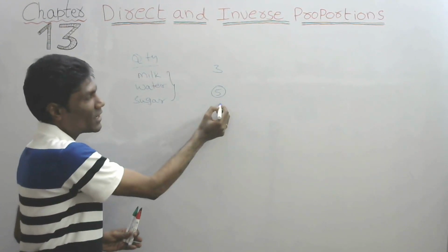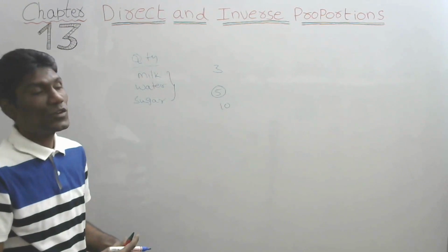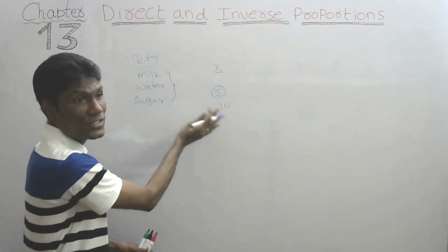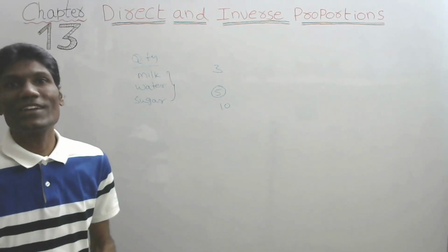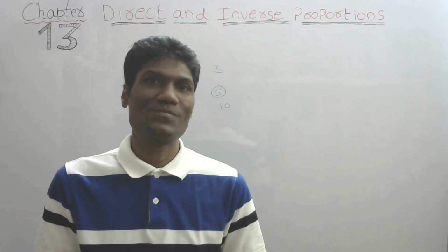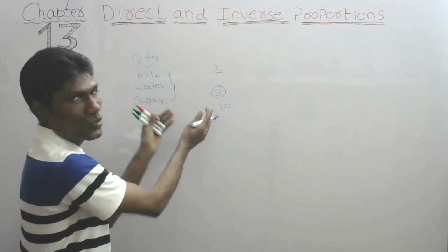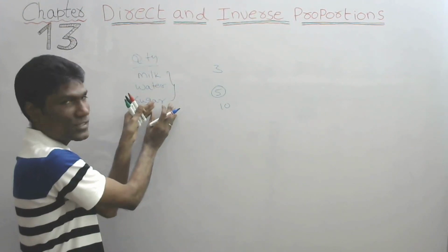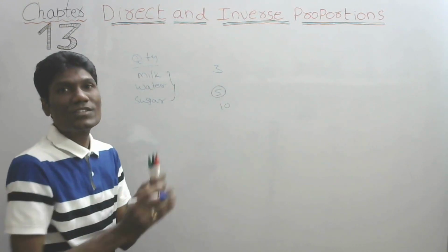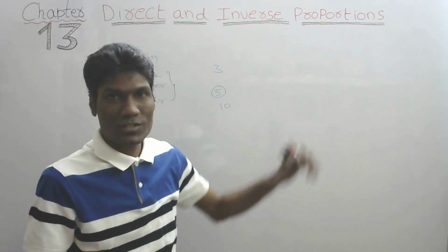If I want for 10 people, I have to change the quantity. So when there is a relationship like this, that is called proportion. That is the relation between these two items. If one quantity is changing, the other is also changing. Such a relationship is called proportion.